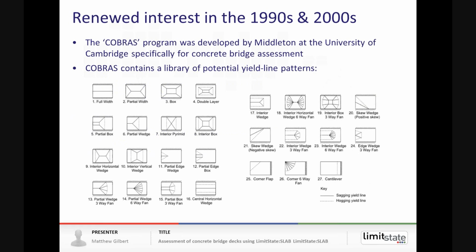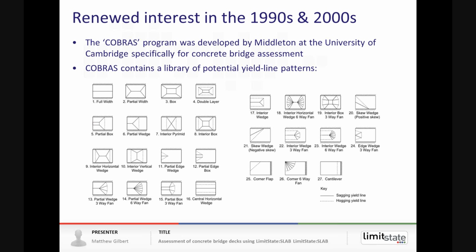So, as I mentioned, it was developed in the mid part of the 20th century. It was quite popular, certainly amongst researchers in the 60s and 70s, and there was renewed interest in the 1990s and early 2000s. As an example of this, considering concrete bridges, the Cobras program was developed by Middleton at the University of Cambridge.